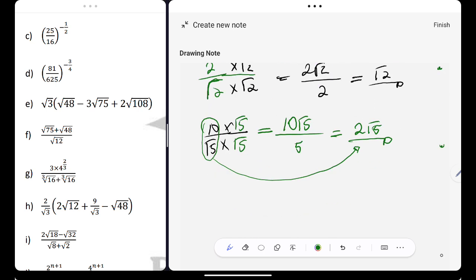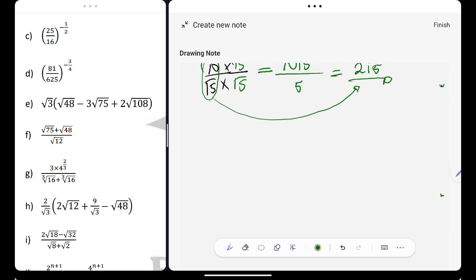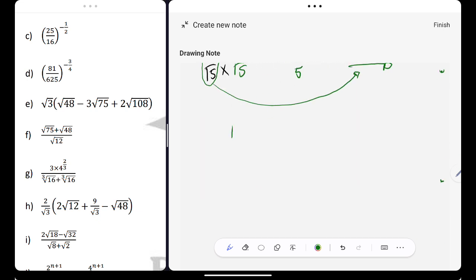Okay. Sometimes you'll have more than one term on your denominator. Let's say you have 1 over square root of 2 plus 1. You must not have a radical sign on your denominator. Are you together? So what do you need to do? Multiply the top and bottom by the same thing.